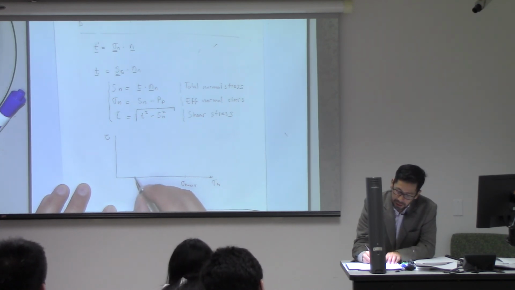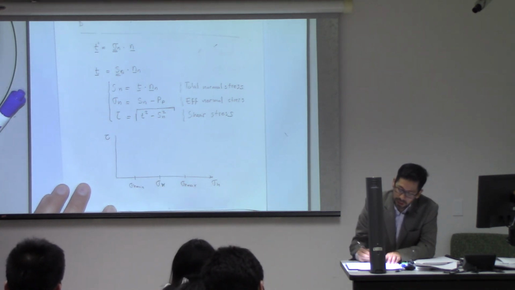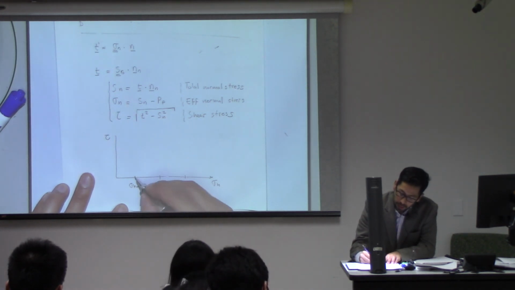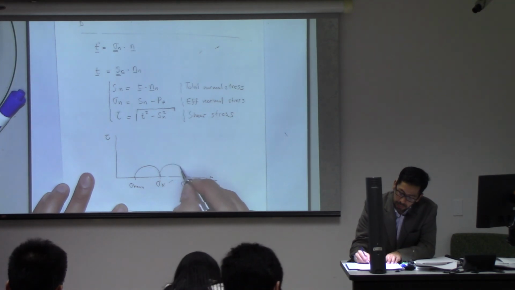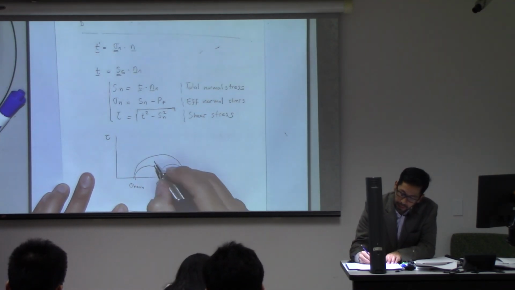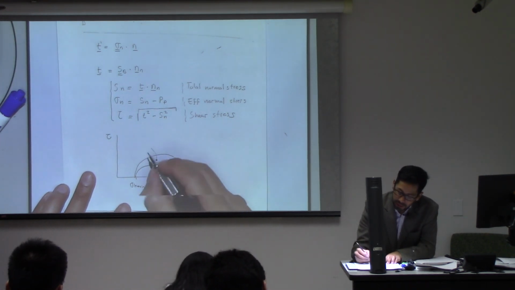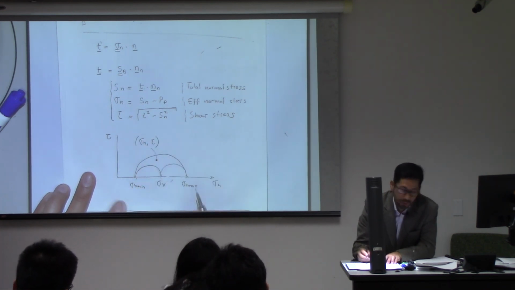It's strike slip, so sigma h min is going to be the minimum, and sigma v is going to be somewhere here in the middle. This is going to be your 3D Mohr circle. And the shear stress and normal stress at an arbitrary location is going to be sigma n and tau given by the equations above.